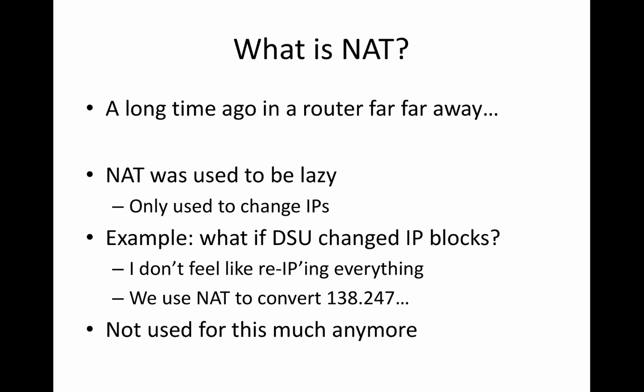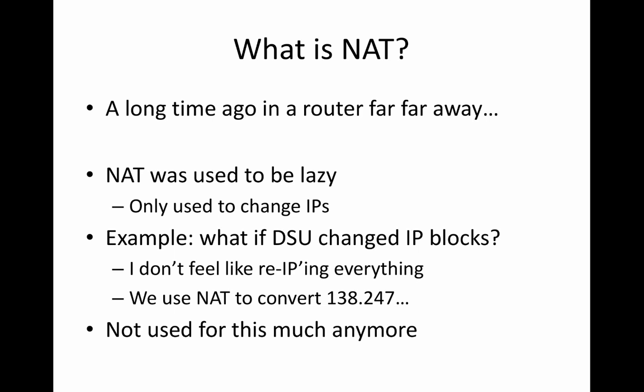Let's say, and I don't have a reason why, but let's say DSU for some reason is 138.247, because we own that whole block. What if we just decided that's no good anymore? We want something different. Again, I don't have a reason, but let's say it happened. My biggest guess is that I bought your company, and I wanted you under my block of IP addresses and not your block.